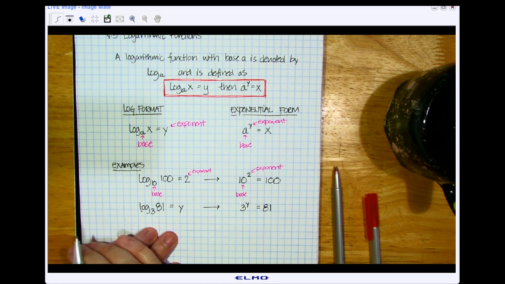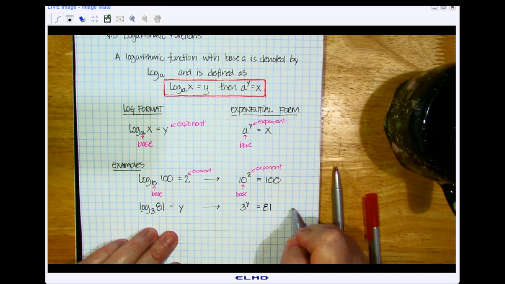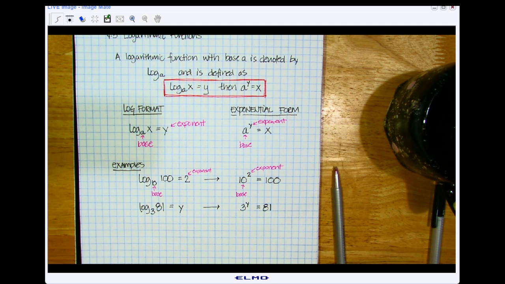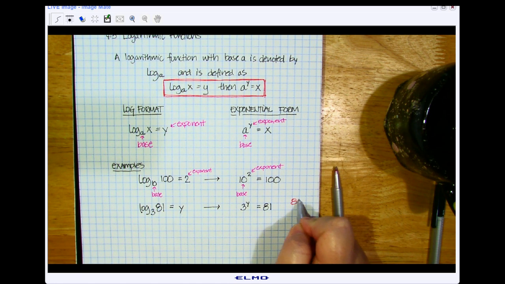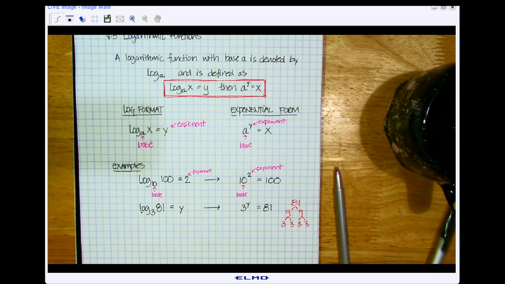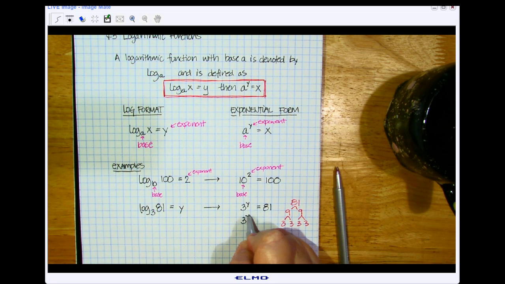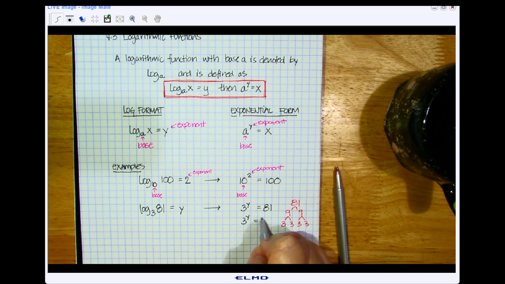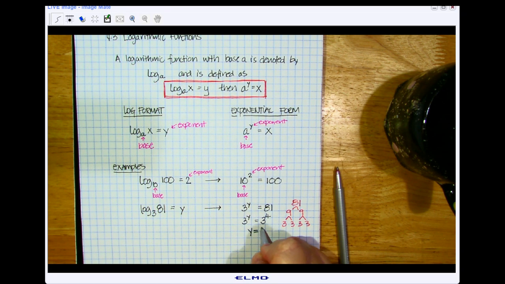We can get there, but the hard part about this is we essentially have to take 81 and split that into 9 times 9, which would be 3 times 3 times 3 times 3. And we have to recognize that 3 to the y power would be the same as 3 to the 4. So y has to equal 4.